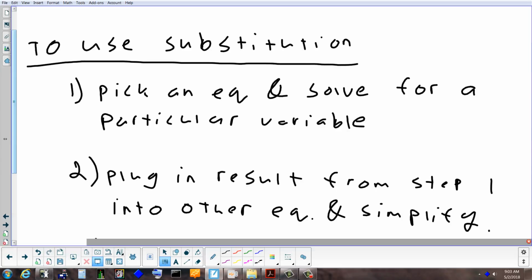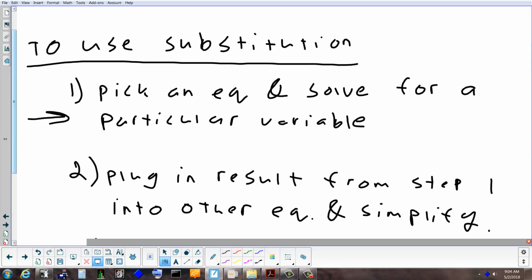So for a 2-variable, 2-equation system, you have 4 choices you could make at step 1. You could solve the first equation for x. You could solve the first equation for y. You could solve the second equation for x. You could solve the second equation for y. So you have 4 different choices.